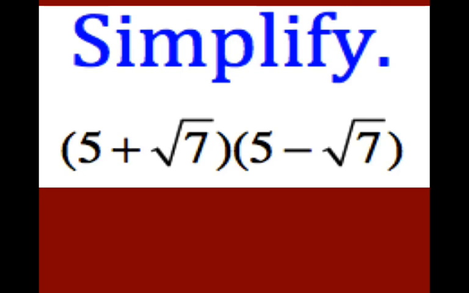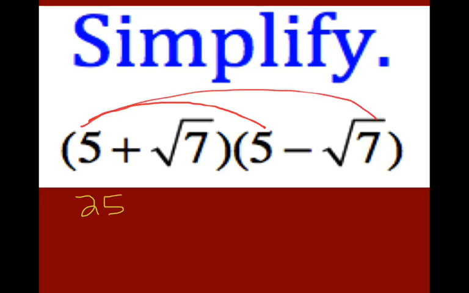Simplify. So this is our FOIL process. So we're going to go first times first. So first times first, that would be 25. Then we're going to do the outer. So that's 5 times a negative radical 7, which is minus 5 radical 7.